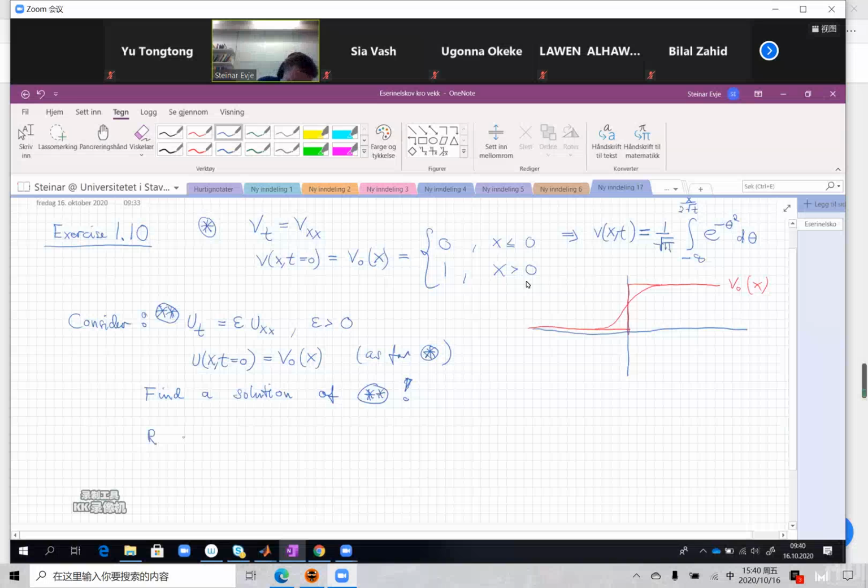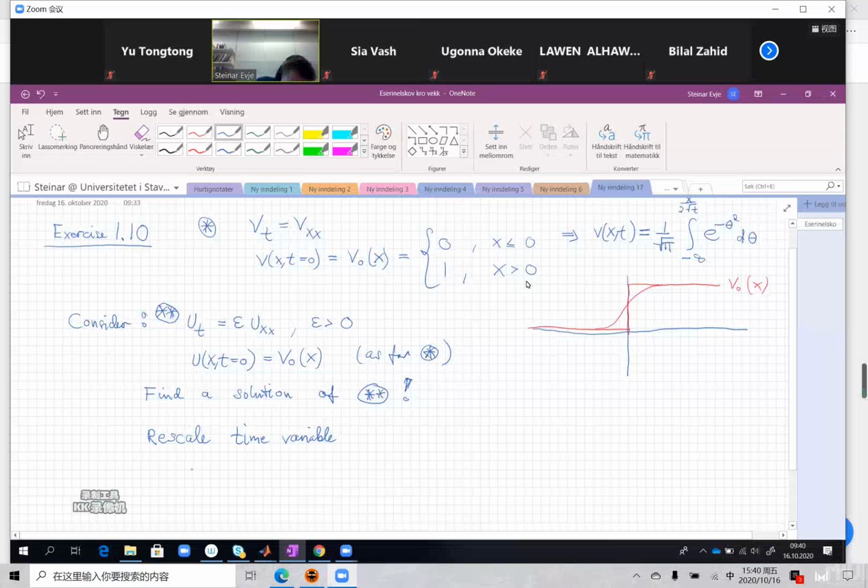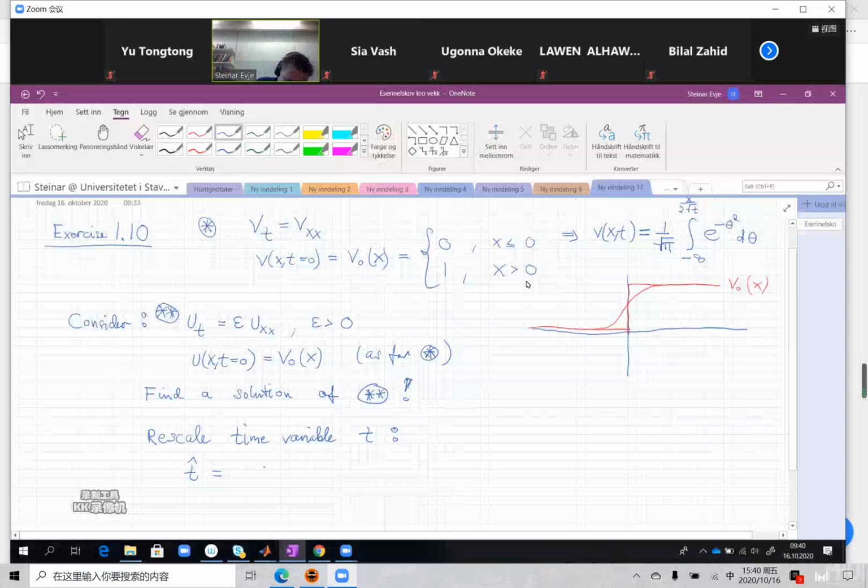What we would like to test is to rescale the time variable t. There are of course many different ways we can rescale it, but let's just test if we introduce a new time t hat, which is time t multiplied by epsilon.